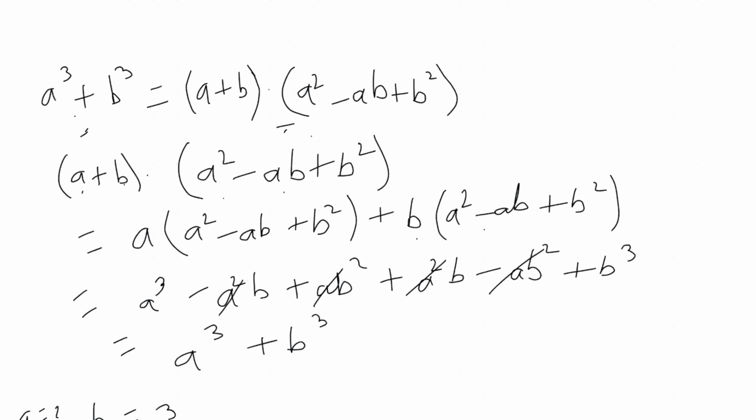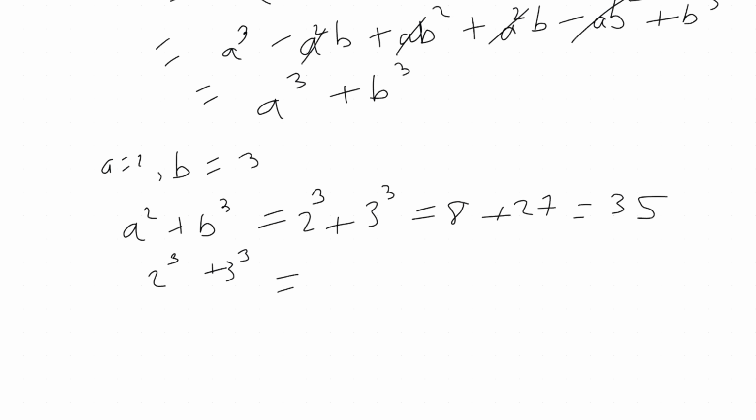So 2 cube plus 3 cube, where 2 is a and 3 is b, it comes as a square, which is 2 square, minus a multiplied by b, which is 2 multiplied by 3, plus b square, which is 3 square.